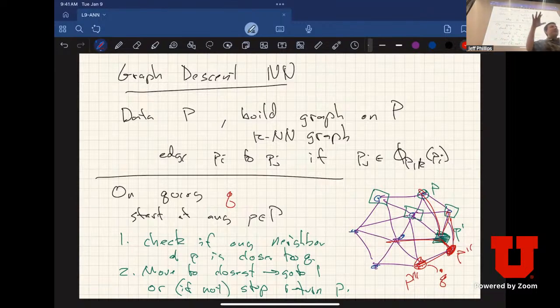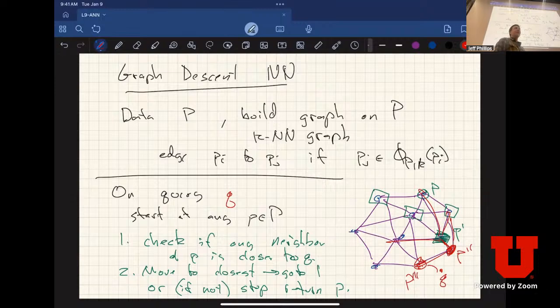So I build this nearest neighbor graph, or some sort of graph on the data that connects stuff. I start at an arbitrary point and check the neighbors. If there's a neighbor that's closer, move to the one that's closest to the query, and repeat this until I can't move anymore. It's easy to come up with some counterexamples where this does not work.